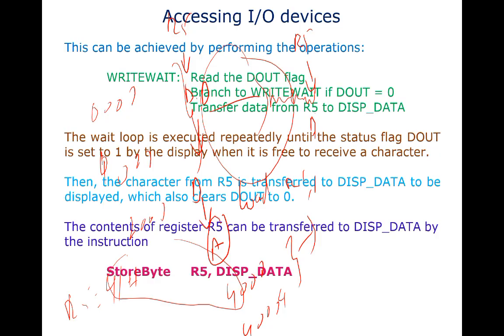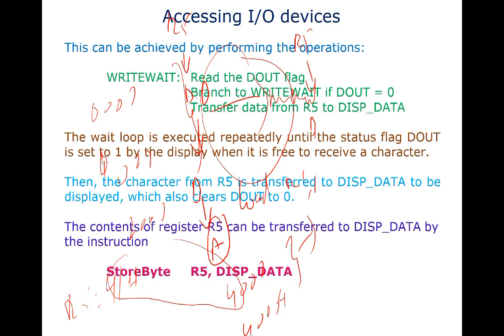Now we need a clear example with respect to the keyboard, memory and display. Suppose the user presses a character such as K, or I take the previous example, the character A. First, the keyboard generates a character.